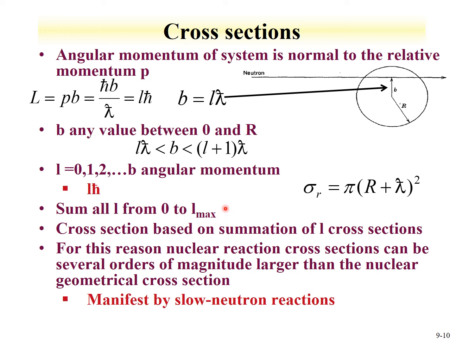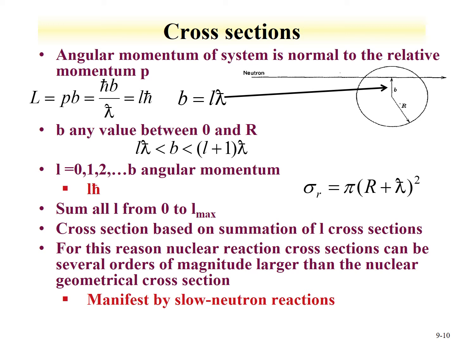And we can see that the cross-section is now going to be based upon a summation of cross-sections related to the system angular momentum and the impact parameter.